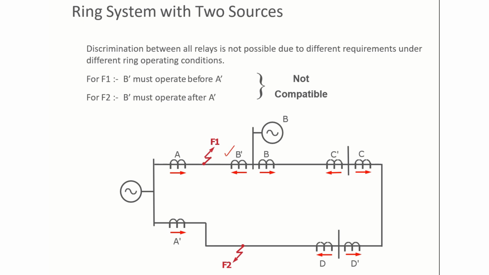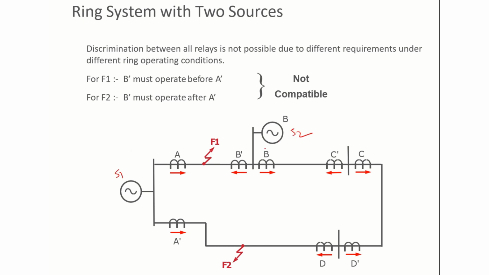So if we have this kind of situation in which we have a ring main type system but with two or more sources, then for coordination we have two options. The first option, and that is a very simple option, is this: suppose we have two sources, source S1 and source S2.